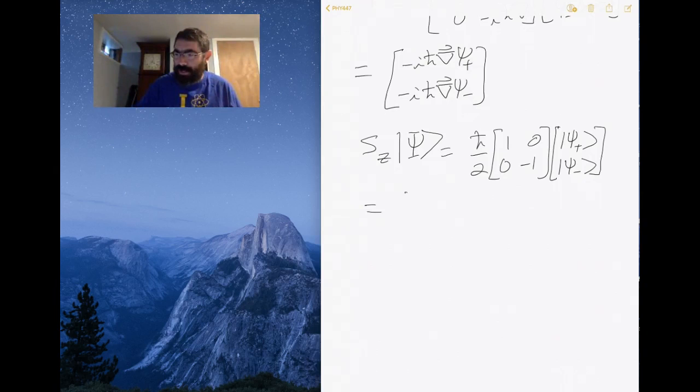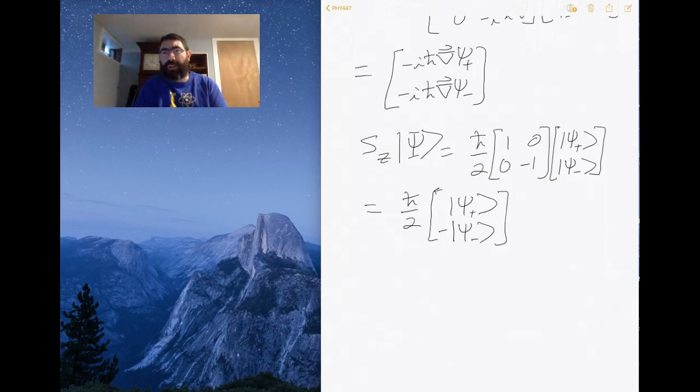And if I work it out, I get h bar over 2 times the vector psi plus and minus psi minus.